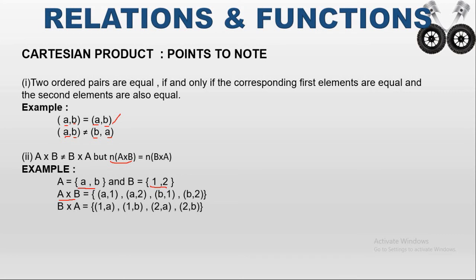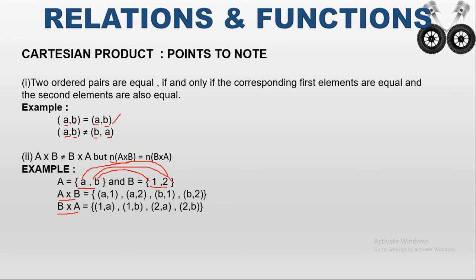So (a, 1). Then you have to take a with the 2. So that is (a, 2). Then again you will write the b value, second element value. So (b, 1) and then (b, 2). So A cross B equals {(a, 1), (a, 2), (b, 1), (b, 2)}.